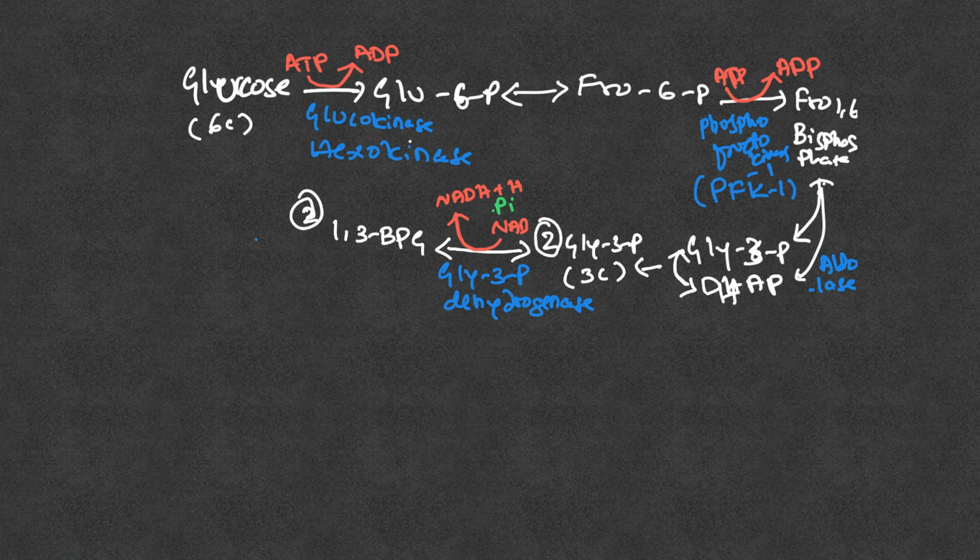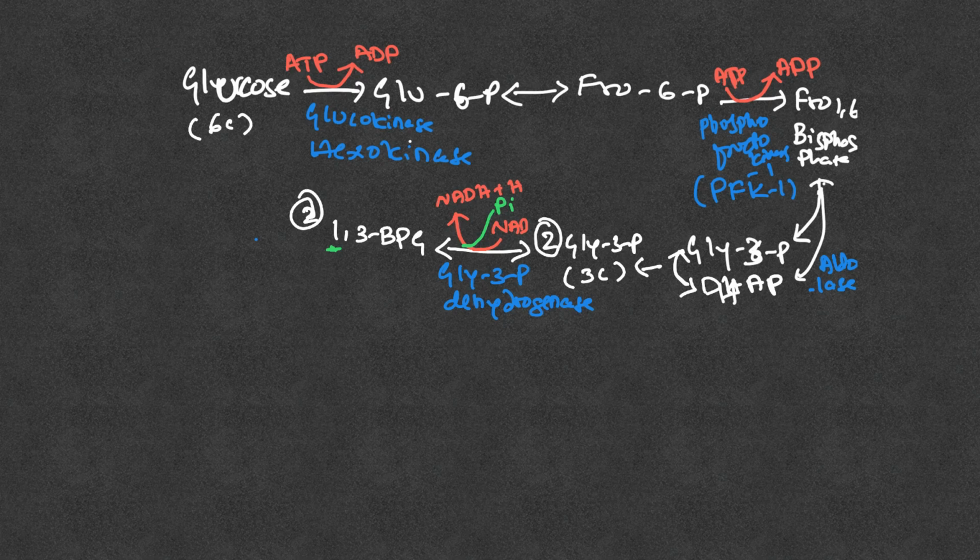So the Pi, inorganic phosphate, will get into the reaction, and that's the additional phosphate that you get. Glyceraldehyde 3-phosphate, you're going to get 1,3 bisphosphoglycerate. So there is an additional phosphate here in the first carbon, and that phosphate is basically coming from the cytoplasmic inorganic phosphate pool.